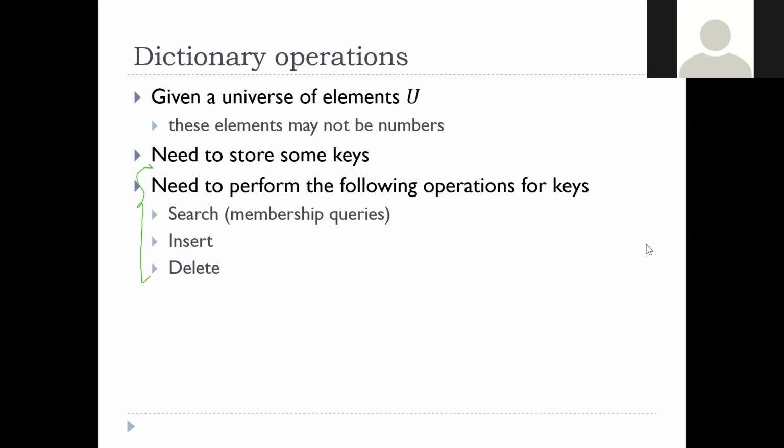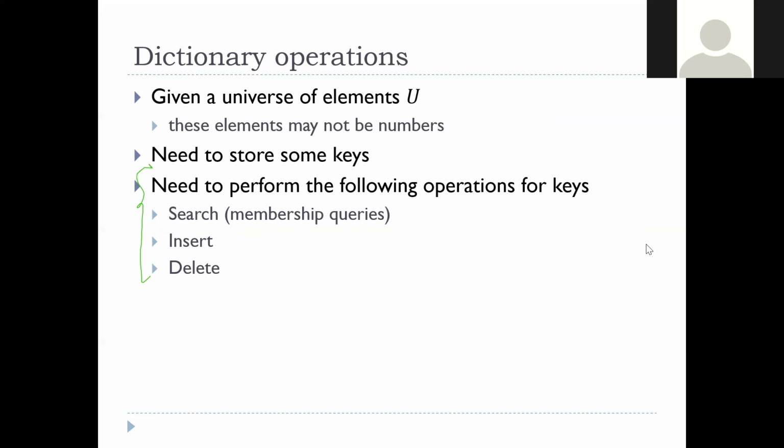And assume that the operations you're interested in are search, the so-called membership query that we're very familiar with: given a specific word, is it in this paper, did it appear in our input? Or you want to insert a new word, or you want to delete a word. These are the three operations you would like to have. We call these dictionary operations.